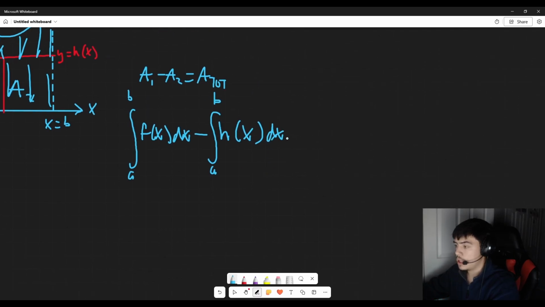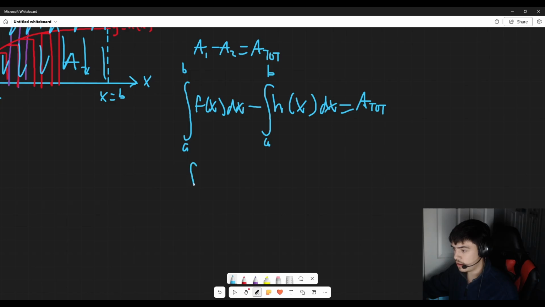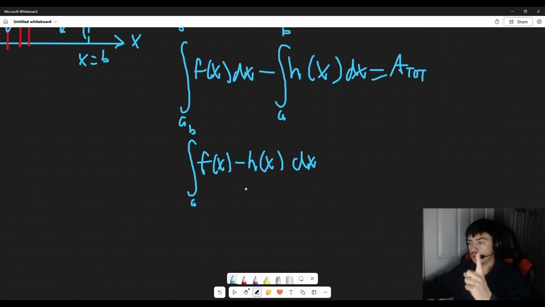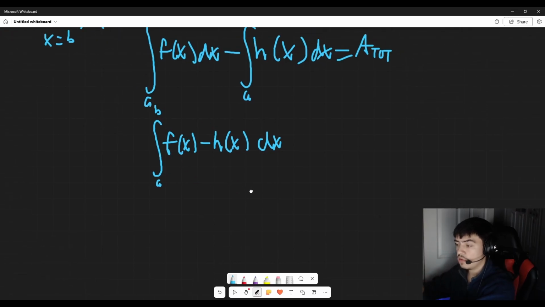Like this. And this will give us that total area. And we can actually combine this into one integral of just a to b of f of x minus h of x dx. So we'll basically just be evaluating one integral with one of our functions subtracted by the other function.